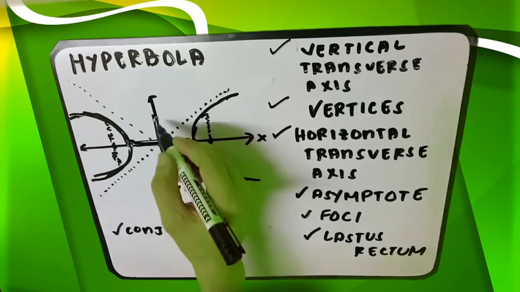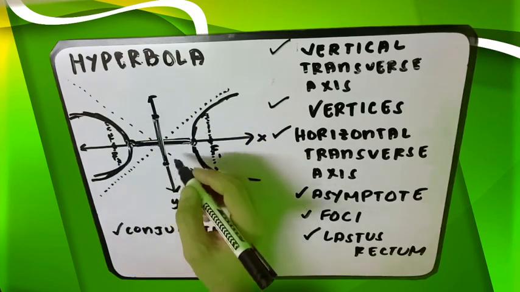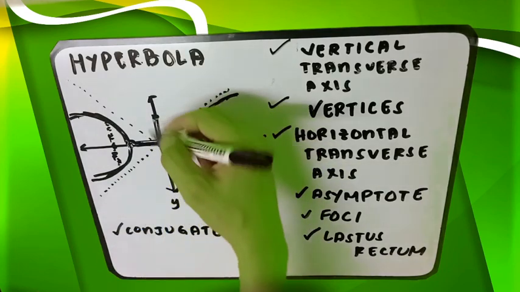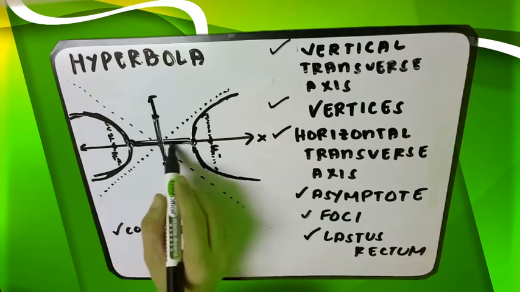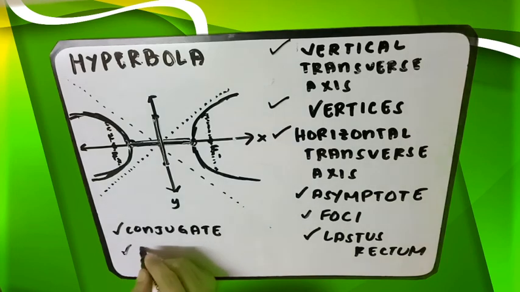So ito yung endpoints ng conjugate. Meron ding computation kung paano kinukuha ang endpoints ng conjugate. And then pag pinag-connect natin ang endpoints, that is the conjugate. Ngayon yung intersection ng horizontal transverse axis at ng conjugate, that is the center.